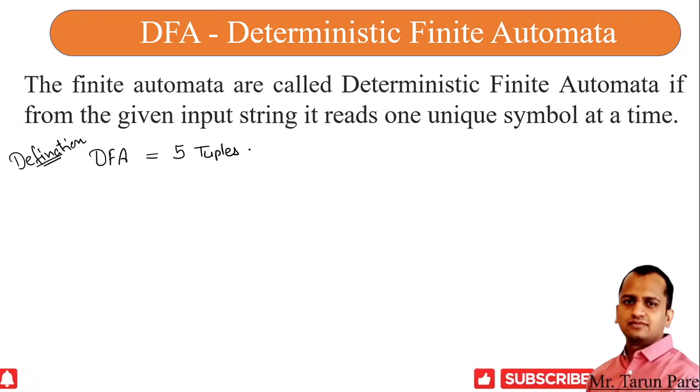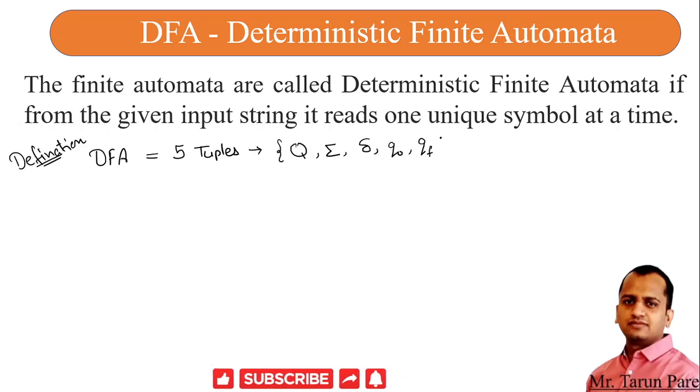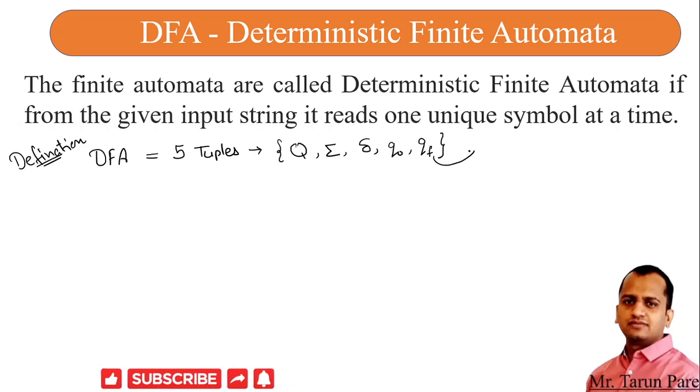These are capital Q, then sigma, then delta, then q naught, then QF. Either you can use QF or you can use capital F in place of that. Both have the same meaning, that is final state.